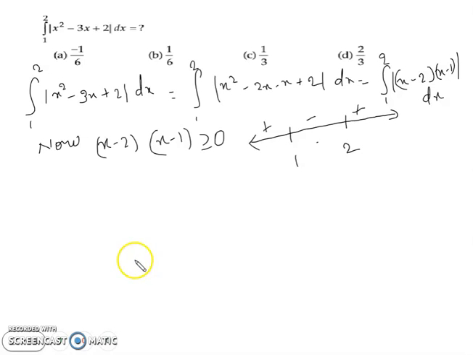So we have to find the integration of this term between 1 and 2, so the mod will be negative. So x² − 3x + 2 will be negative between 1 and 2, 100% negative, right?